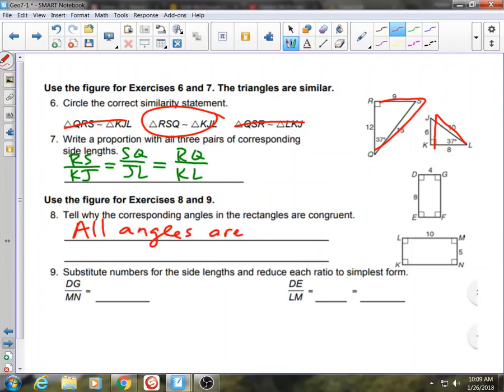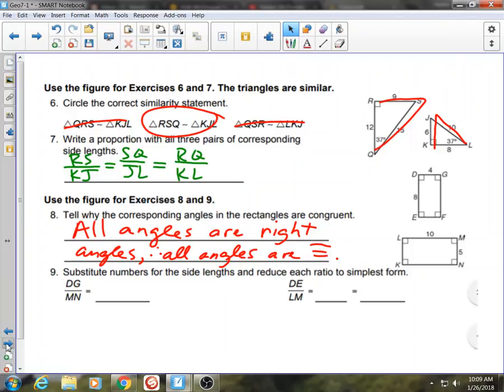All angles are right angles, therefore all angles are congruent. For you guys unfamiliar with the notation, if you see these 3 dots like this, it stands for therefore. So I'm using those 3 dots to represent the word therefore. Therefore, all angles are congruent. Cool. So now I don't have to worry about my angles being congruent because they're all 90 degrees.